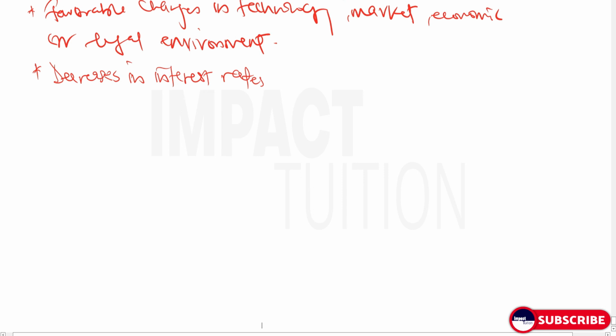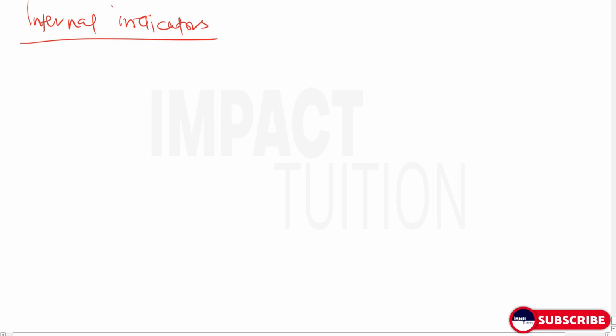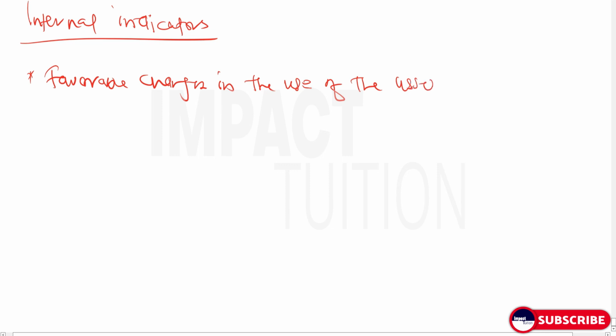Internal indicators of impairment reversal. Favorable changes in the use of the asset.